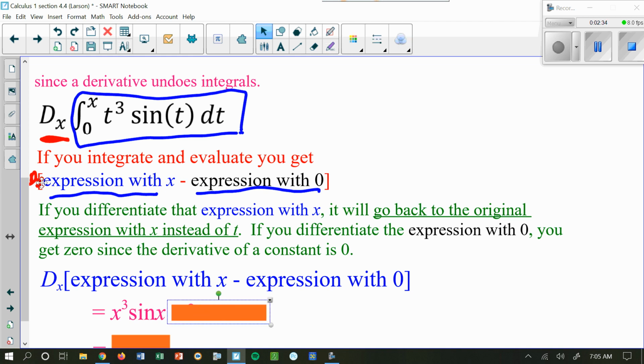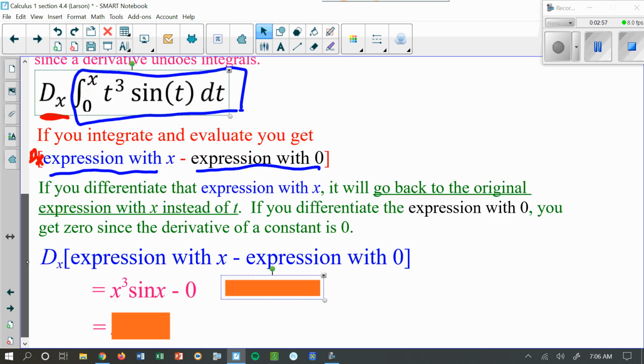And so that would just be your original thing with just an x in it. And then you'd be doing your derivative of this thing that had 0 in it. So there's no variables, just 0 and maybe some functions. Well, the derivative of anything with 0 in it is going to be a constant. The derivative of any constant, you know, is going to be 0. So it really comes down to just basically when you're doing the derivative of an integral with a variable up here, just taking that variable and plugging it in each one of your spots.